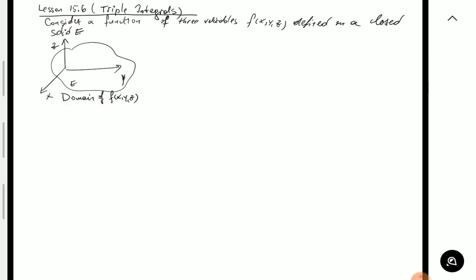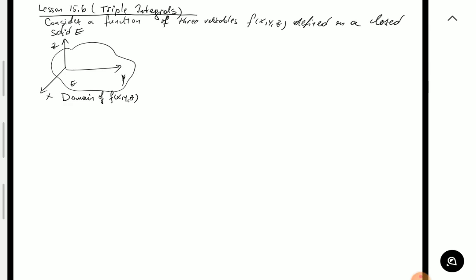So the overall idea is the same. It would be too tedious to go over all the details of constructing the Riemann sum, so I'll go a little bit faster, cut some shortcuts essentially, and only focus on the important key aspects that make it different from the double integral.